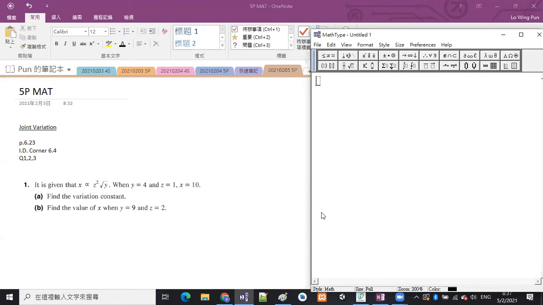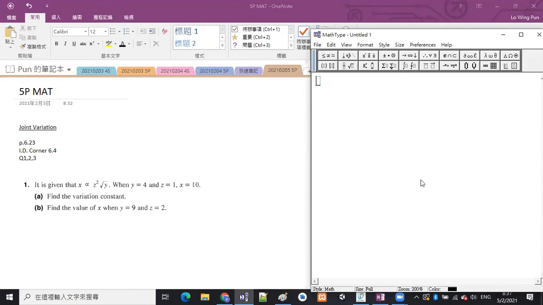And then you just set up the equation on the first line and use the given set of numbers to find the value of k, and then just write down the complete information of the equation, and then you will find every other thing else.